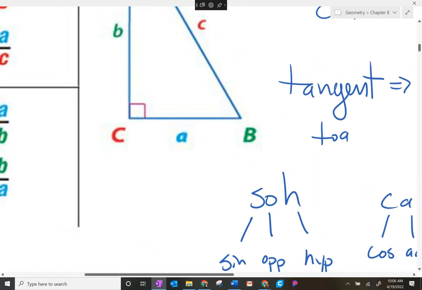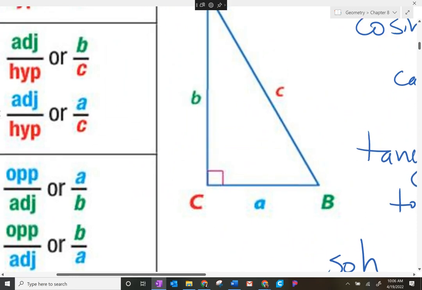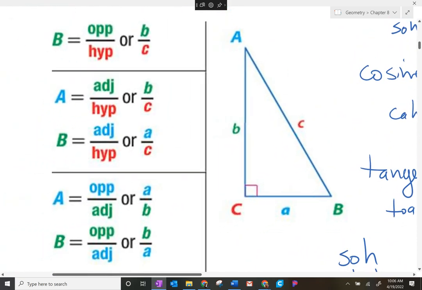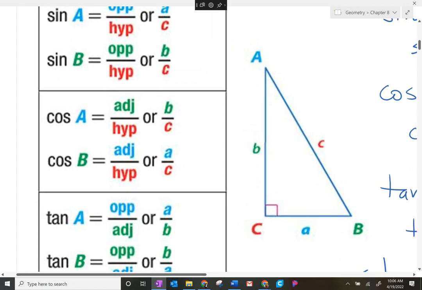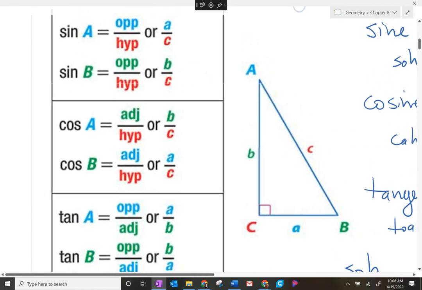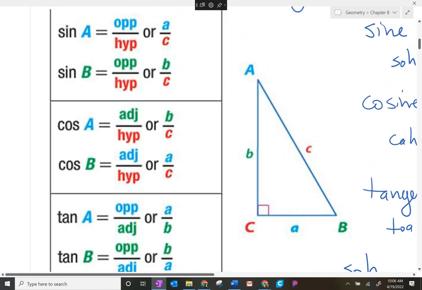I'm going to jump into this picture here. I drew my picture to be similar to this one over here. I'll make it darker so there aren't reflections.